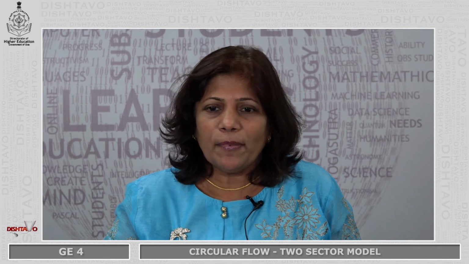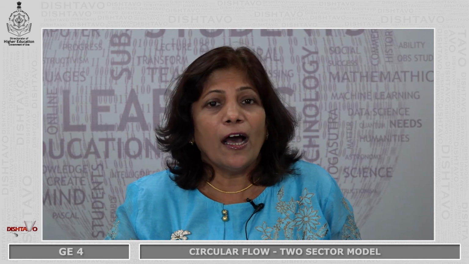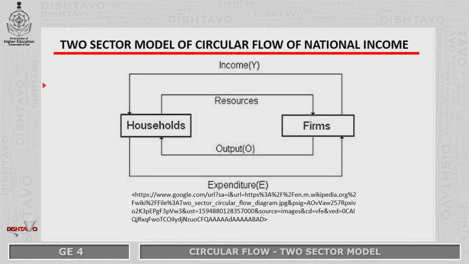Now, what does the firm do with the factors of production that it has purchased? It converts those factors of production into finished products and it supplies those finished products to the household. The household that had received factor incomes uses those factor incomes to buy the finished goods and services that are supplied by the firm.